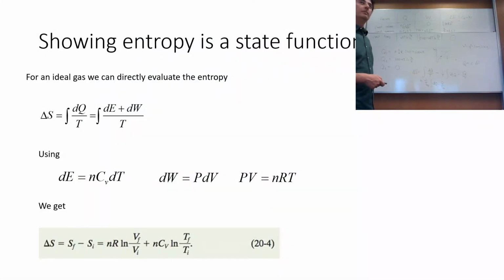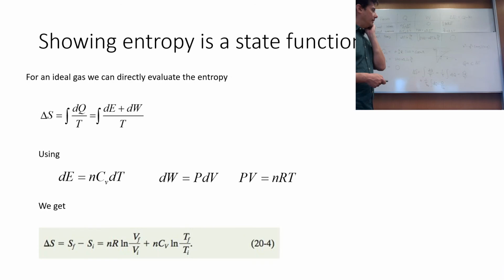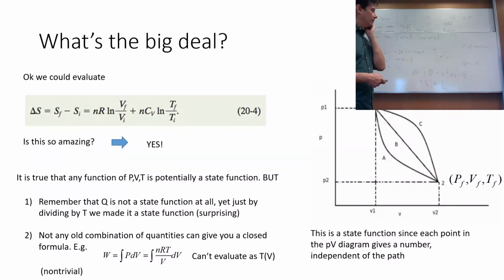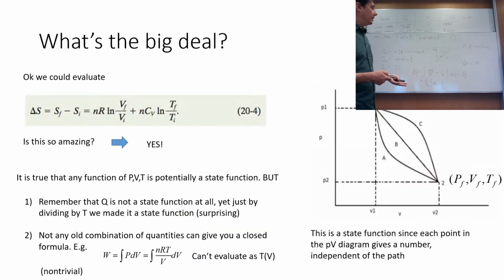Okay, so I've only got a few minutes, so let me give you a taste of what the big deal of this is. For an ideal gas, you can actually evaluate it, and indeed you can see that it's a state function.